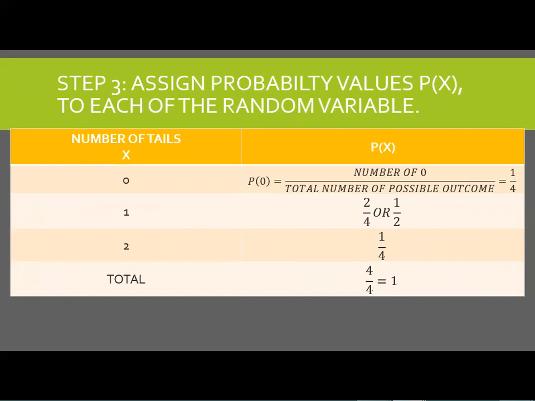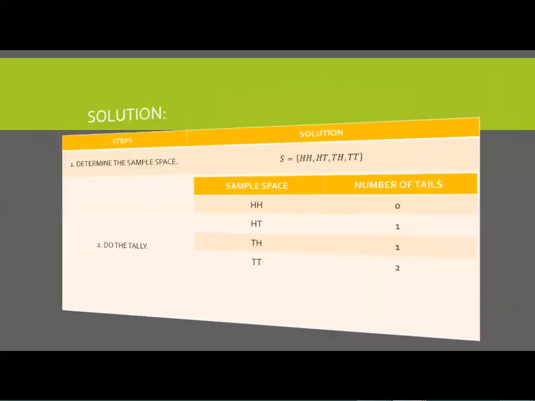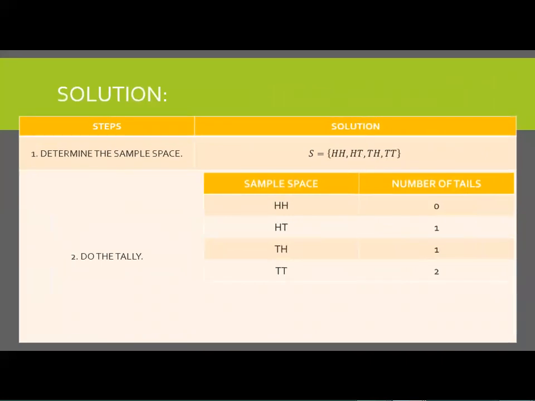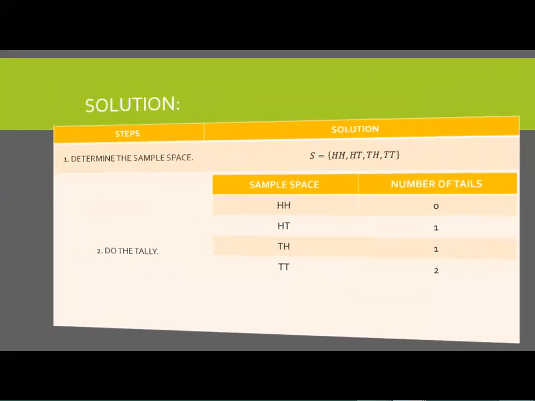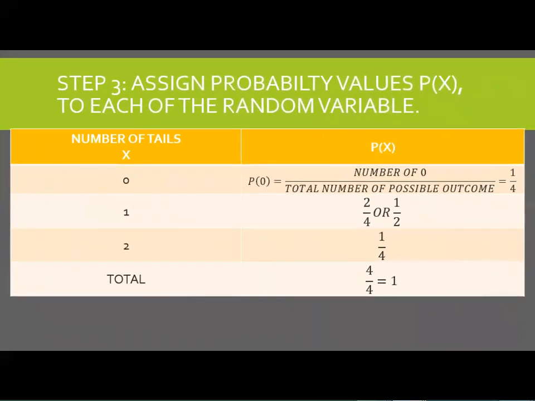Next, probability of 1. Now, ang gagawin natin, count ilang 1 ba ang nandito sa slide. We have number of tails na 1 is dalawa, the HT and the TH. So there are two possible outcomes na isa lang ang tails. So that is 2 over the total number of possible outcomes na 4.